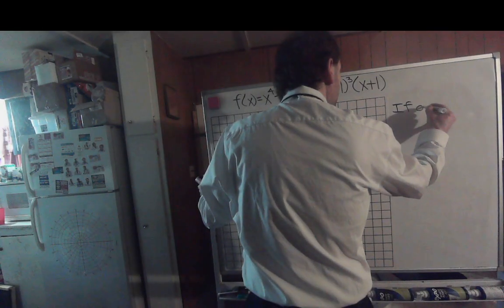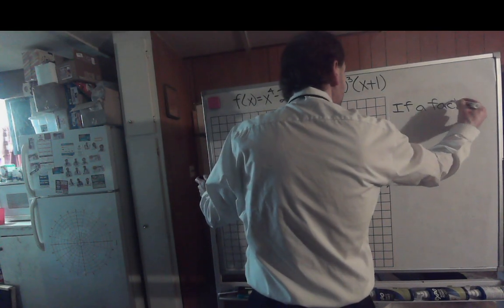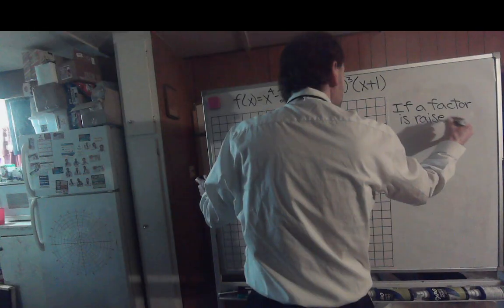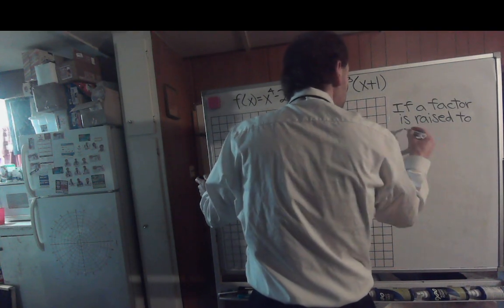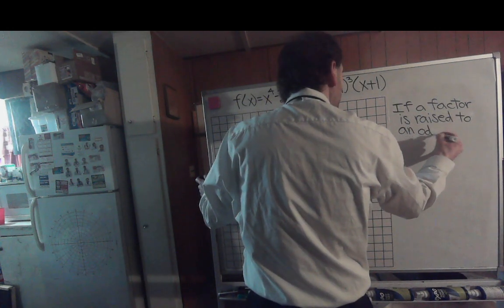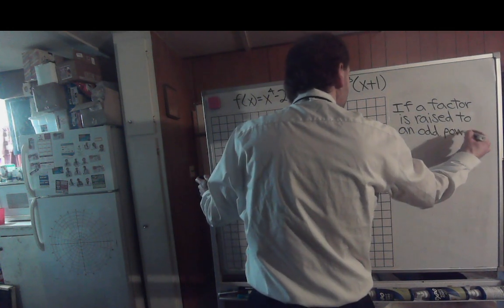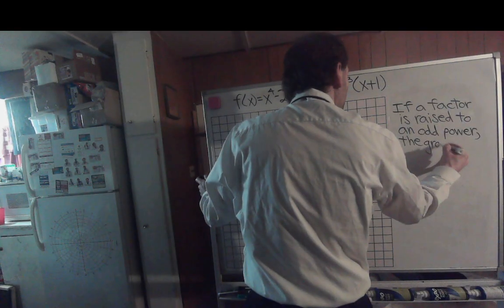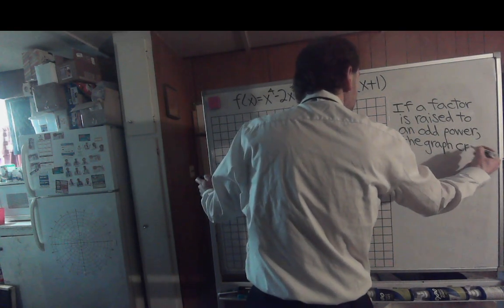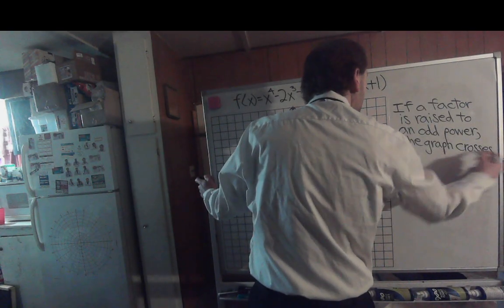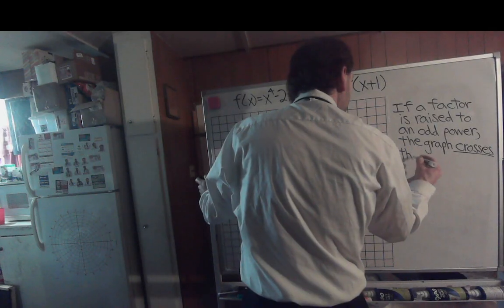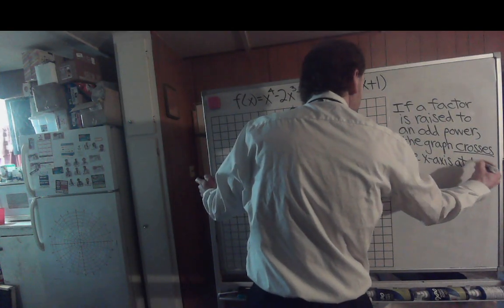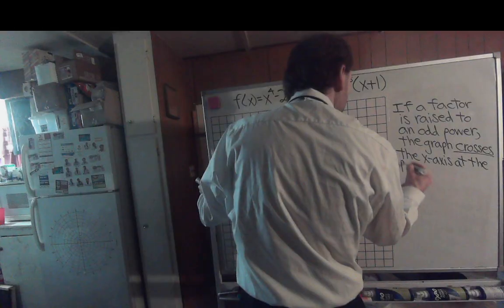If a factor is raised to an odd power, the graph crosses the x-axis at the particular intercept.